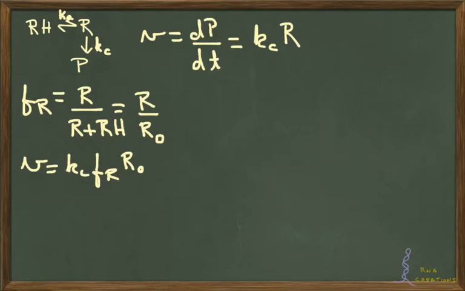And this rate is equal to the rate of formation of the product here. But it's also equal to the loss of the reactant, so I can write down over here minus dR/dt. I can write it here. I'm going to choose to write it here.